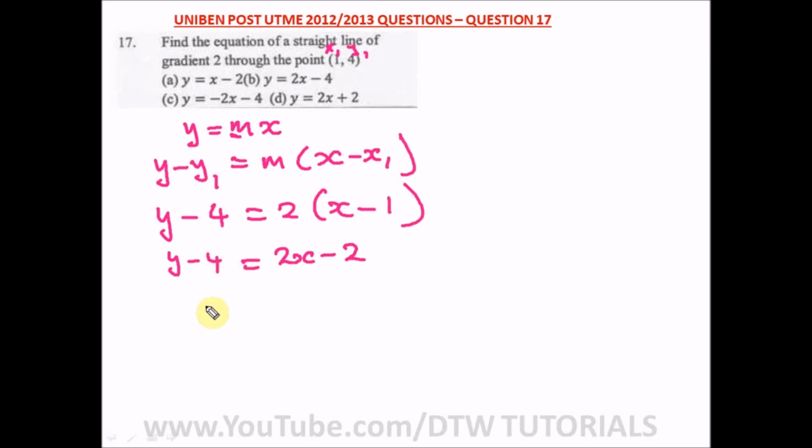We have y equal to, take 4 to this side, 2x minus 2 plus 4. So y is equal to 2x, minus 2 plus 4 will give us a plus 2. So our equation of the straight line is y equal to 2x plus 2. So this is our answer, and our right option here is option D.